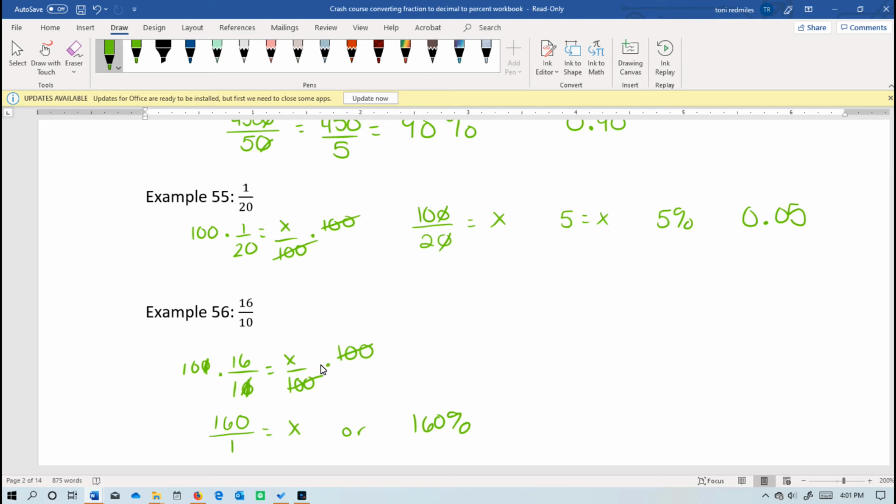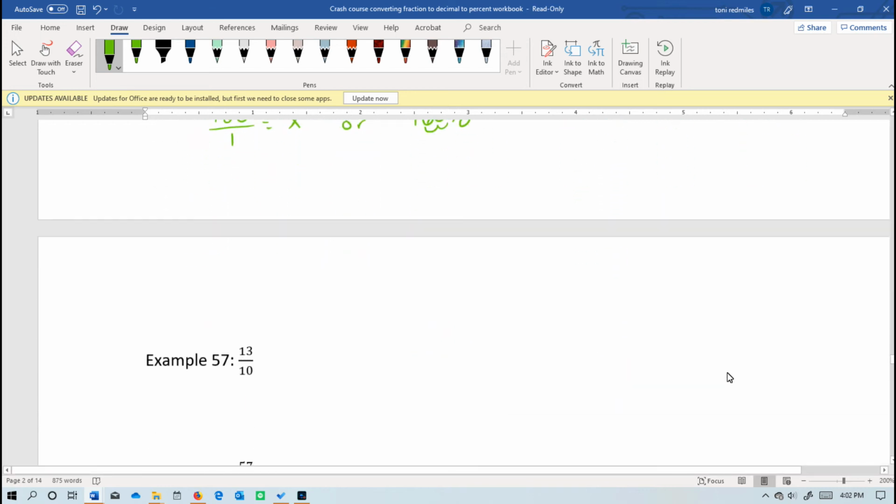Does that make sense? Yes, because the numerator is bigger than the denominator, meaning I have an improper fraction that could be turned into a mixed number. To turn it into a decimal, I move the decimal forward, giving me 1.60 or 1.6.